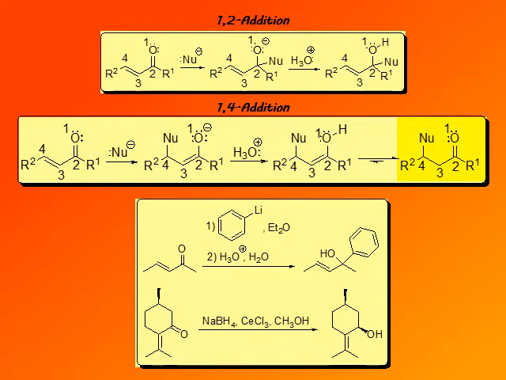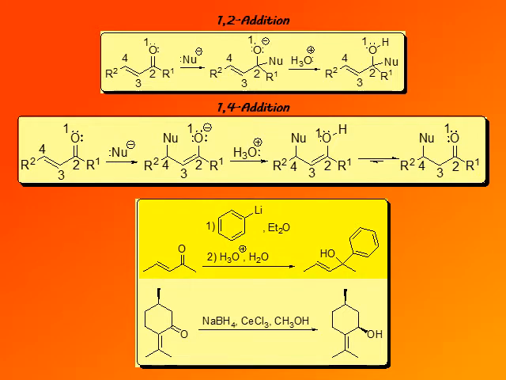The final step is the tautomerization step, and we say it doesn't count. So, well, you need to know what the final product is and what the outcome of 1,4 addition is. The initial addition proceeds to atoms 1 and 4 of the enone system, and the final product ends up with the nucleophile and electrophile being on atoms 3 and 4.